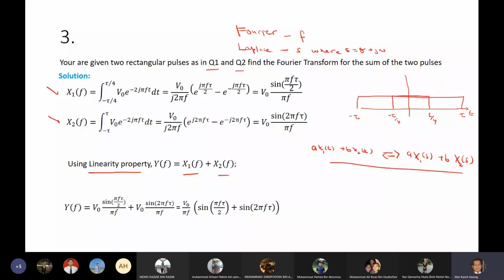So the answer is the summation of the two transforms. You just use the linearity property. Clear? Simple.